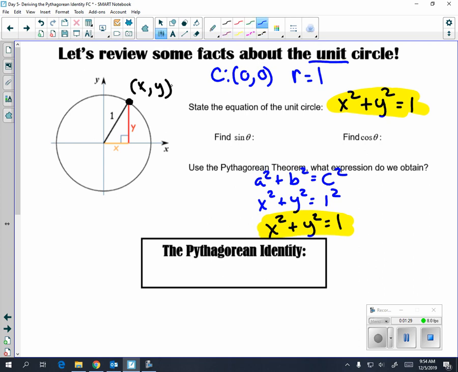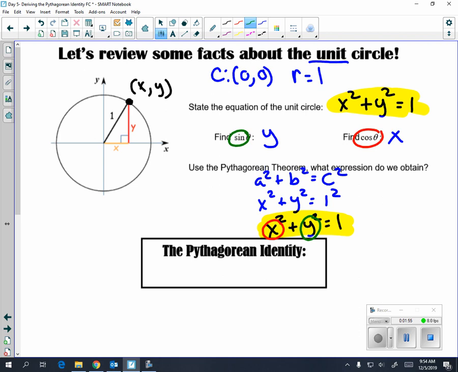Also, we know that on a unit circle, sine theta is equal to y, and cosine theta is equal to x. So what we're going to do is substitute these values in. Instead of writing x squared, I'm going to put cosine there, and instead of putting y squared, I'm going to put sine there.